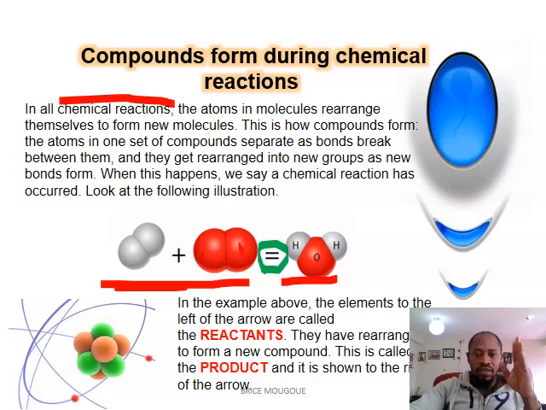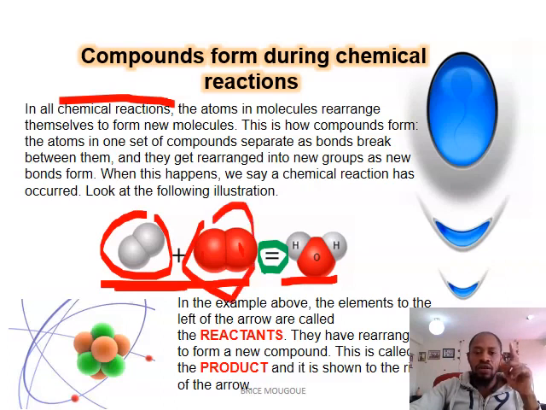On the left side, we are looking at 2 molecules here, 1 and 2. These are called the reactants because they are the ones who are going to go into a chemical reaction. They are on the left side.